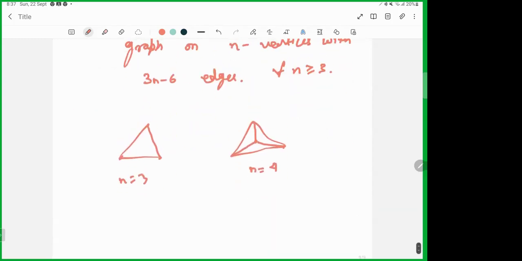So let me give you one for n equals 5. Okay, so tell me. Basically, draw the pentagon. Connect the topmost to the bottom left, outside.